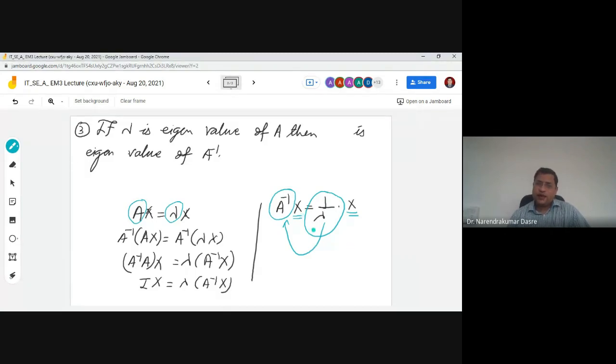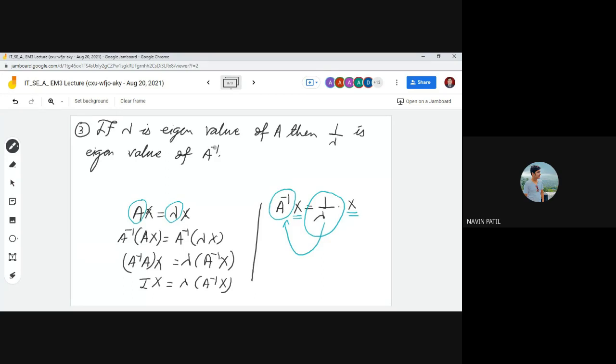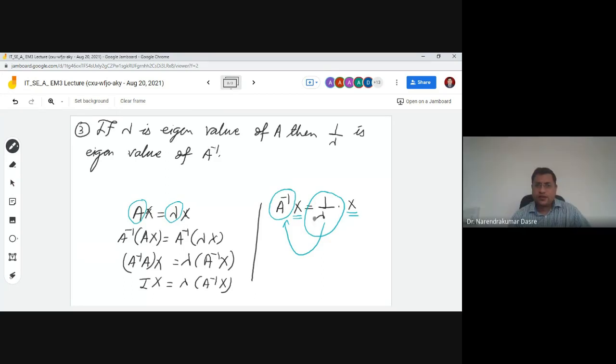So we can say 1 upon lambda is the eigenvalue of the matrix A inverse. Are you able to get that? Yes, sir.